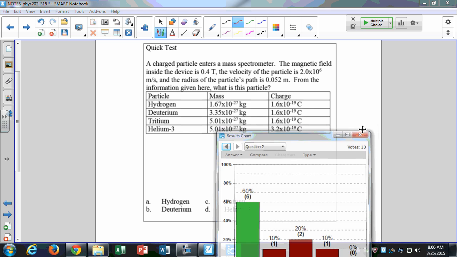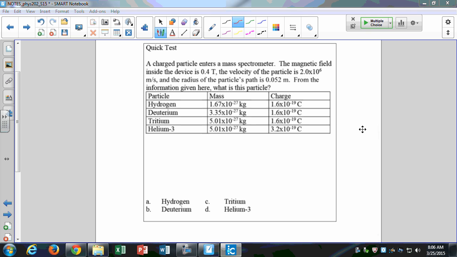All right, A is right. So I find my mass to charge ratio, rB over v. And let's see, that is 0.052. So our particles went in a circular path about 5 centimeters across, or 10 centimeters across, rather.